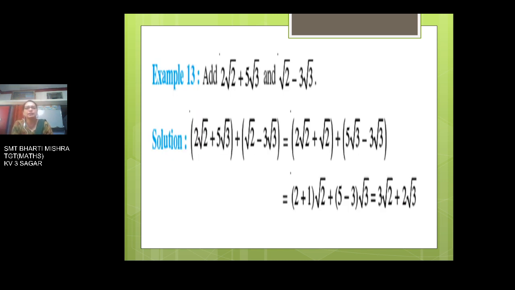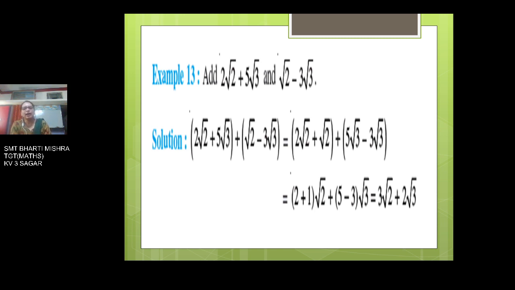So let us start with an example. Here we have two irrational numbers, and we will see what we get on adding them. The first irrational number is 2 root 2 plus 5 root 3, and the second one is root 2 minus 3 root 3.